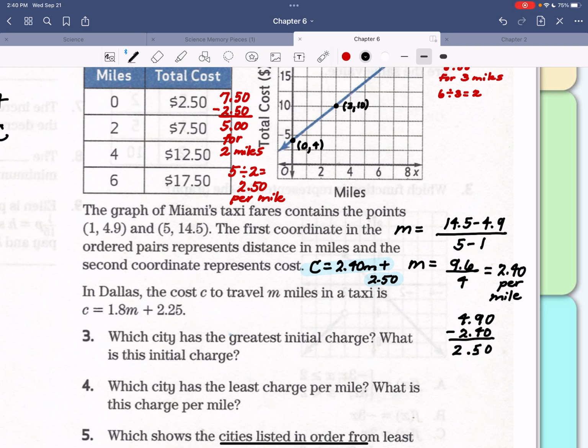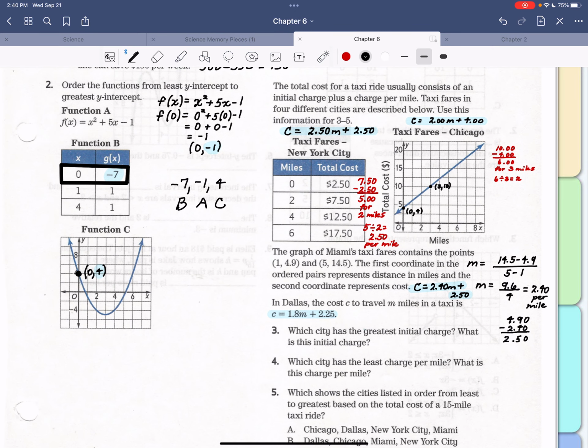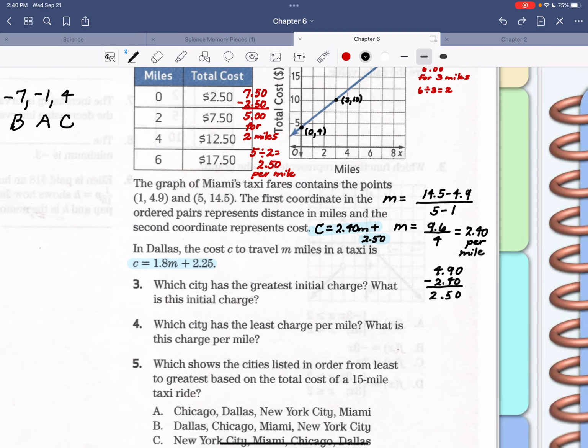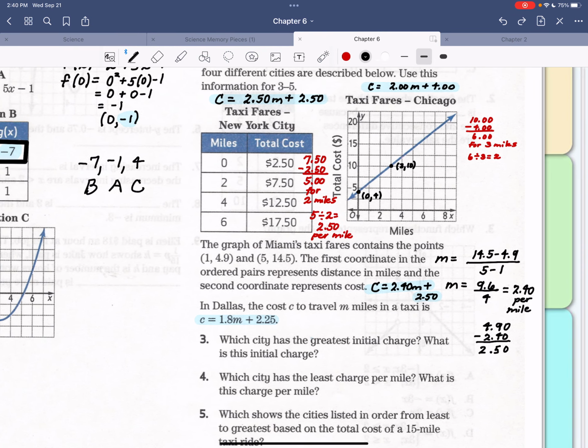And then in Dallas, they were nice to us. They gave us the cost function. So we now have formulas for each one of the cities. And that's going to help us answer the questions. Which city has the greatest initial charge, and what is this initial charge? That's the y-intercept.